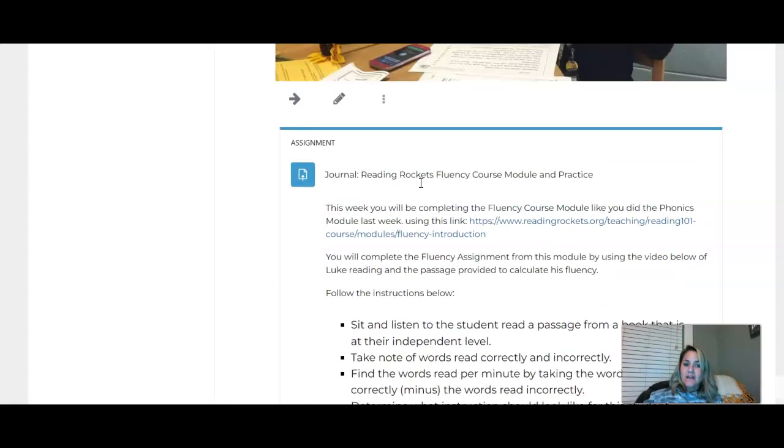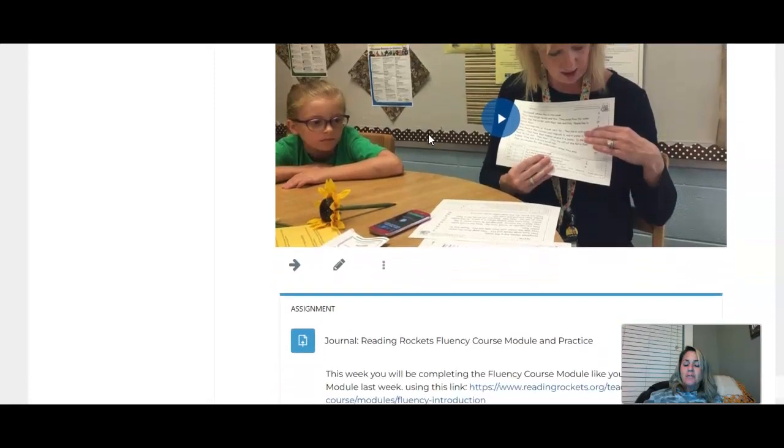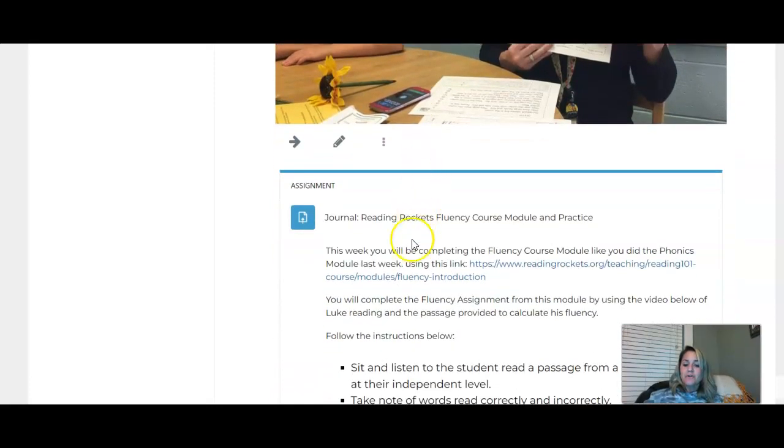The other thing that I have provided here is an instructional video of how to calculate reading fluency so that you will be able to use the resources in Reading Rockets and also this instructional video to evaluate Luke's fluency rate.